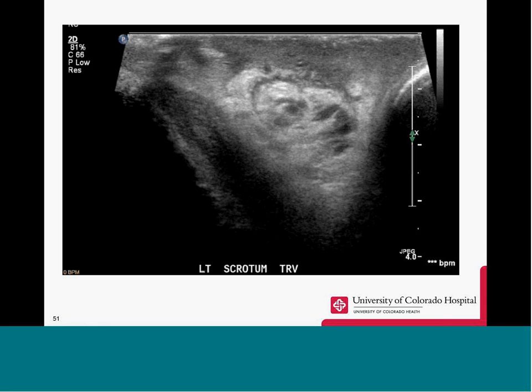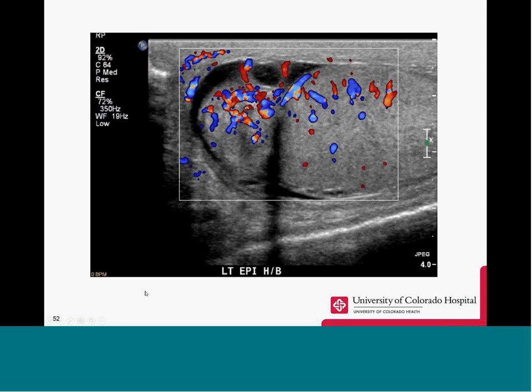No, I'm sorry, it won't. Here we can see an epididymal head that is enlarged. We don't have calipers here, but I'm guessing that's greater than 10 millimeters. We also have increased flow that's asymmetric to the testis here, which would lead us to epididymitis.